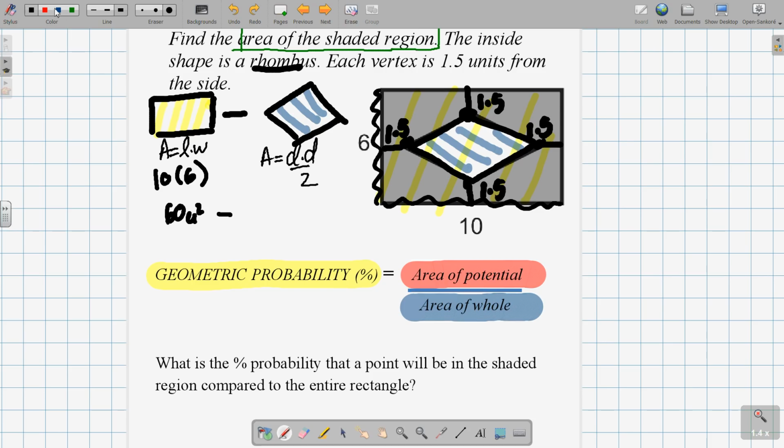Now, let's draw in our diagonals. We have 1 diagonal, 2 diagonal. Now, to get that blue diagonal, I'd like you to trace from there all the way.